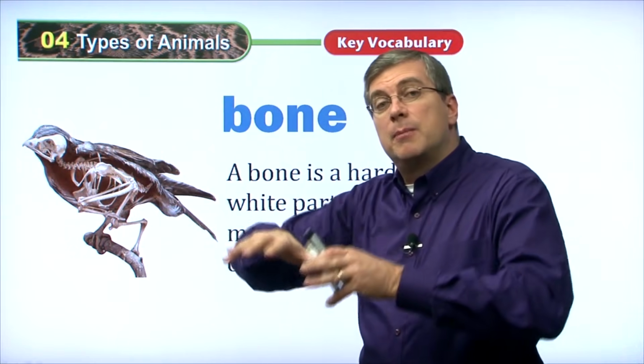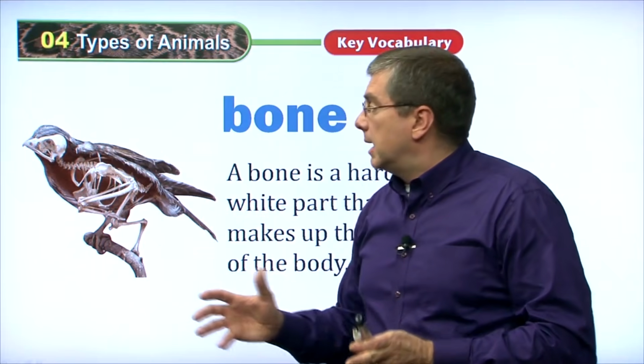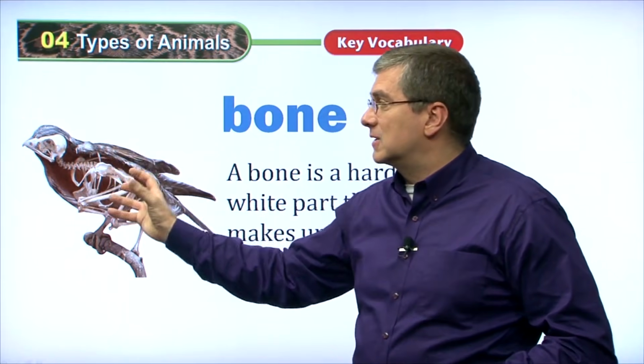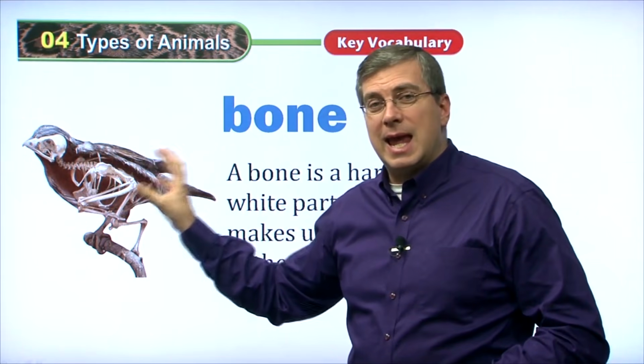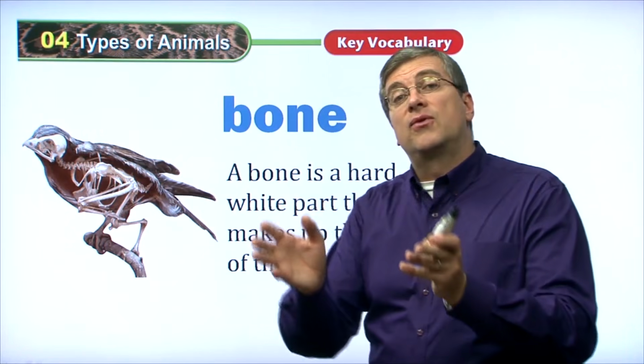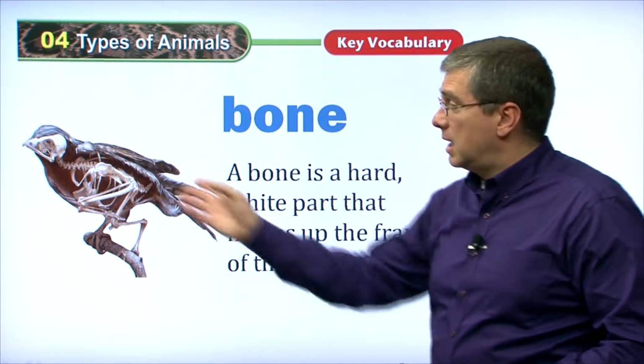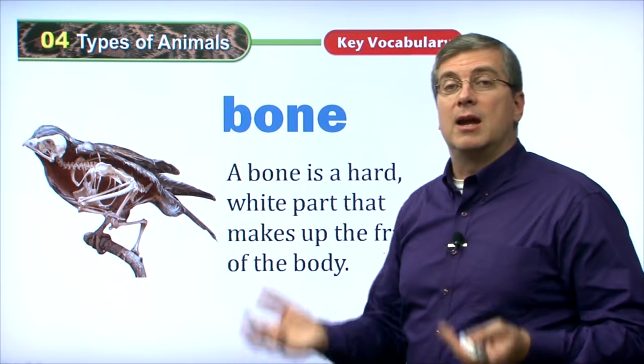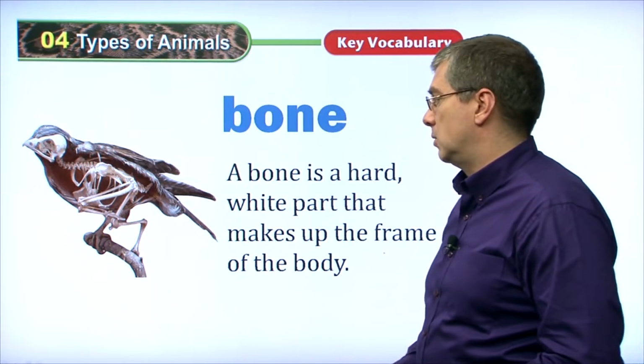So the bones make up the frame of the body, and they support the organs and the skin and everything else that the animal needs to survive. And not just for birds, but also for us and mammals and many other types of animals, okay?